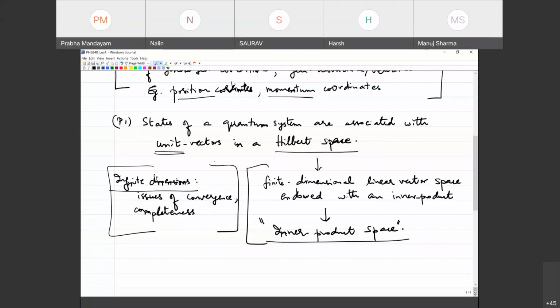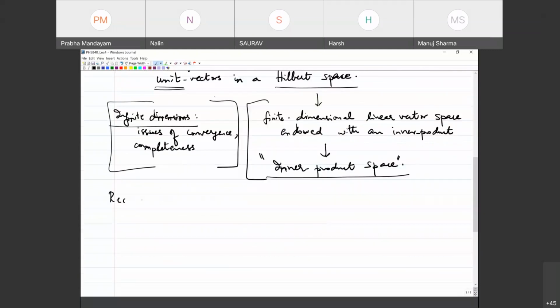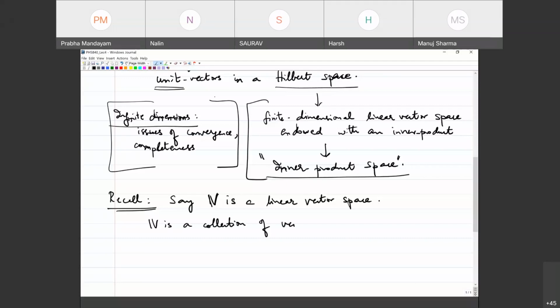Okay, so let's try to understand this better. What are the properties of linear vector spaces that we will need to recall? Okay. So let me say V is a linear vector space. So this is a bold V. Okay. So how do I want to define a linear vector space? I will say that it's a collection of vectors, or to be more formal, it's a set of vectors.